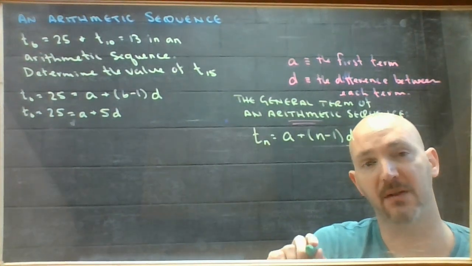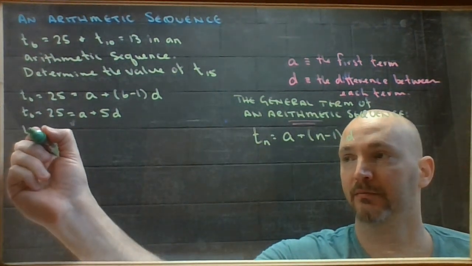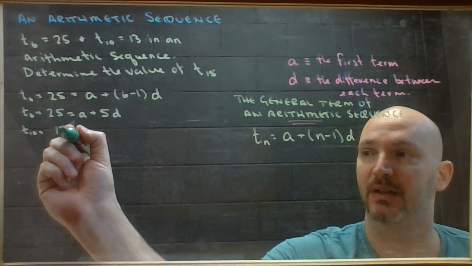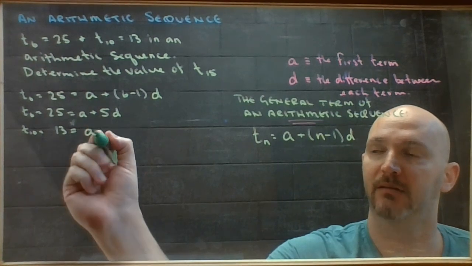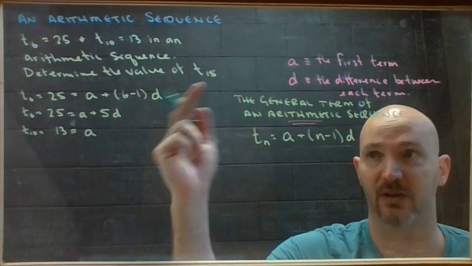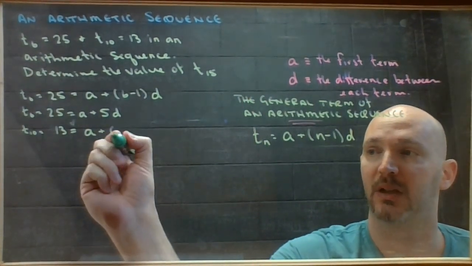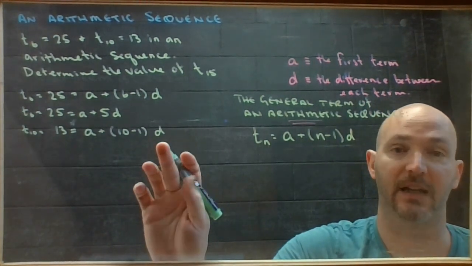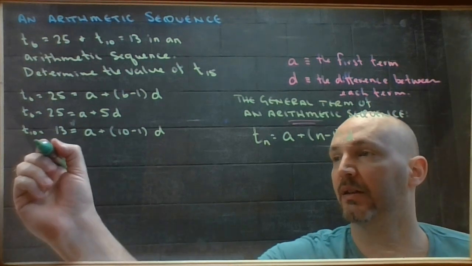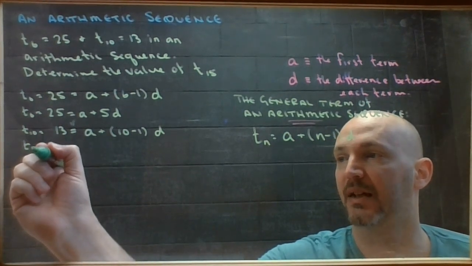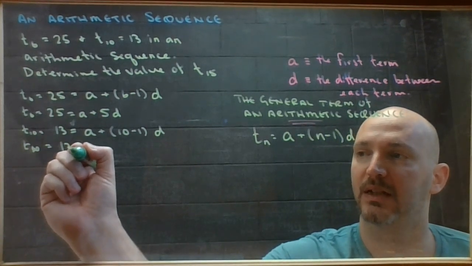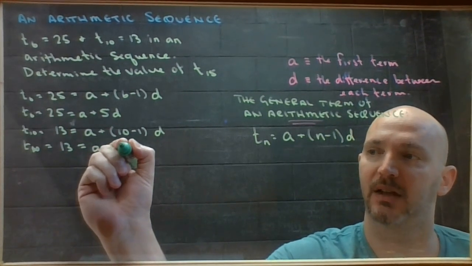If I do the same thing for term 10, term 10 is 13, which should be A, my first term in the sequence, which I don't know, plus 10 minus 1 multiplied by the difference, which again I don't know. That leaves me with term 10 being 13 equals A plus 9D.